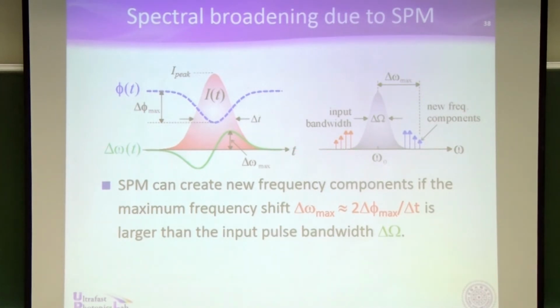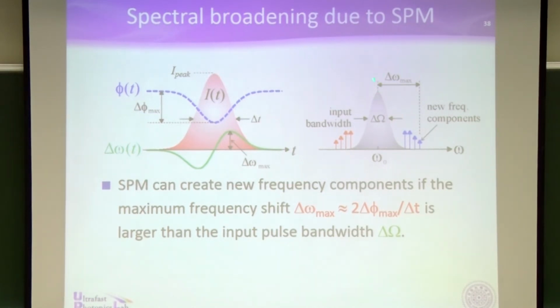But the right figure is something new. The gray one is the original spectrum of the input pulse. And here I specify the bandwidth by delta big omega, the input bandwidth. Okay? Then, if this condition is satisfied, the maximum frequency shift is larger than the input bandwidth, delta big omega, then this will happen, right?